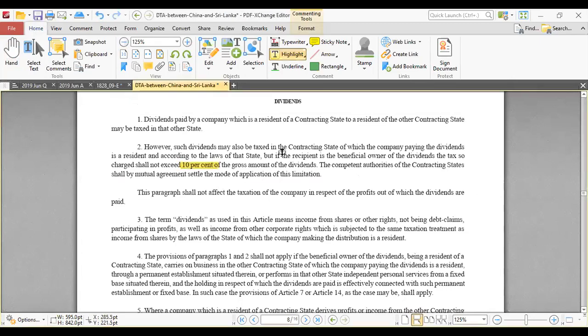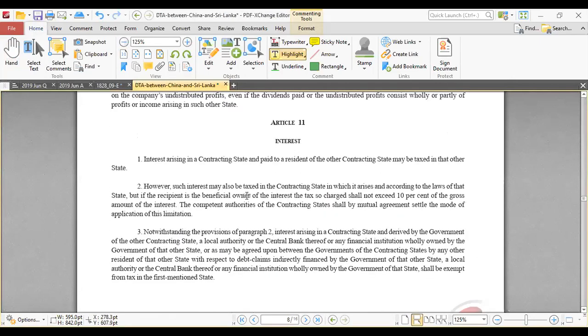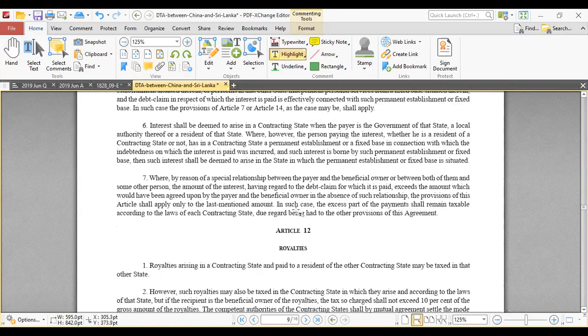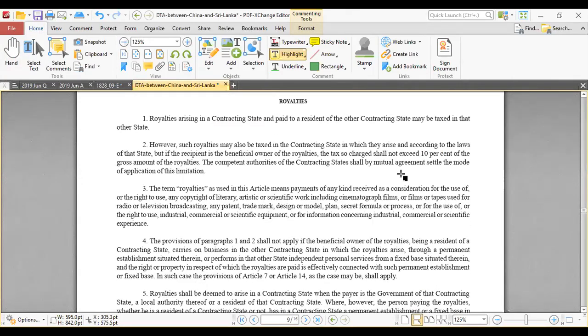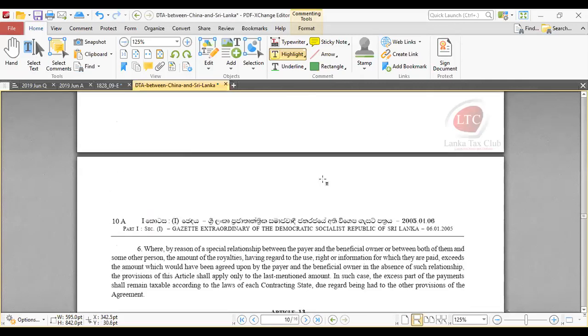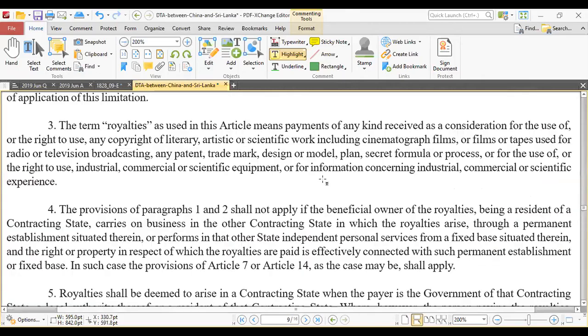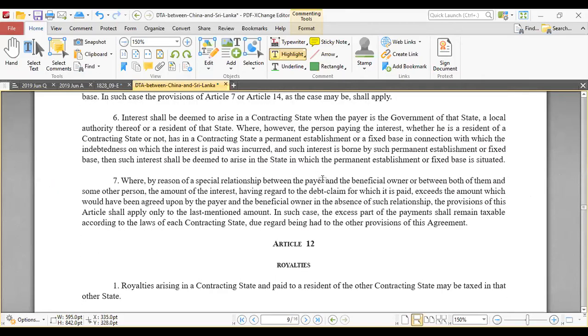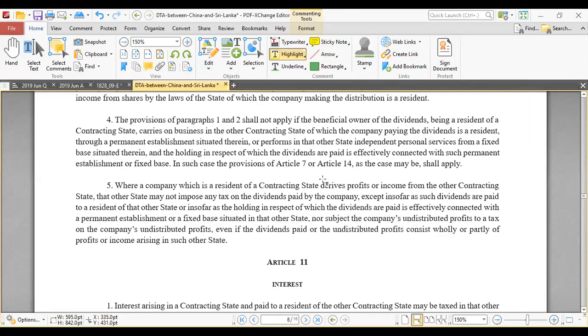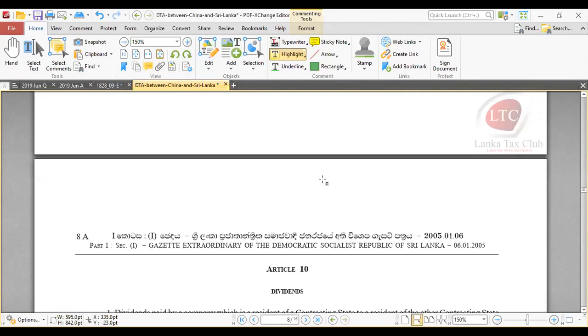Then the interest 10%. Then royalty 10%. We don't have a technical service fee article separately in the Sri Lanka and China treaty. So all are 10 in this case.